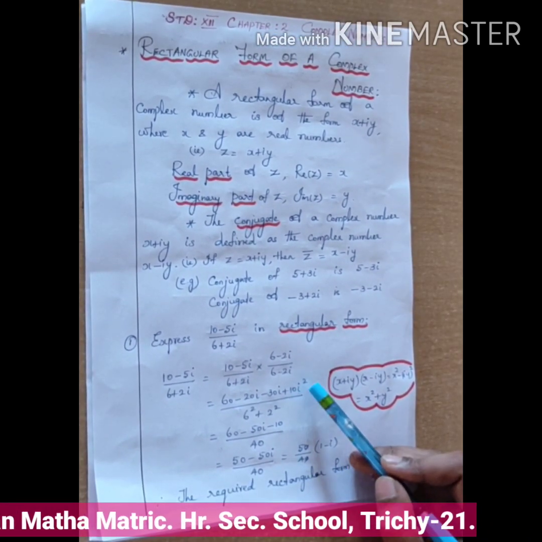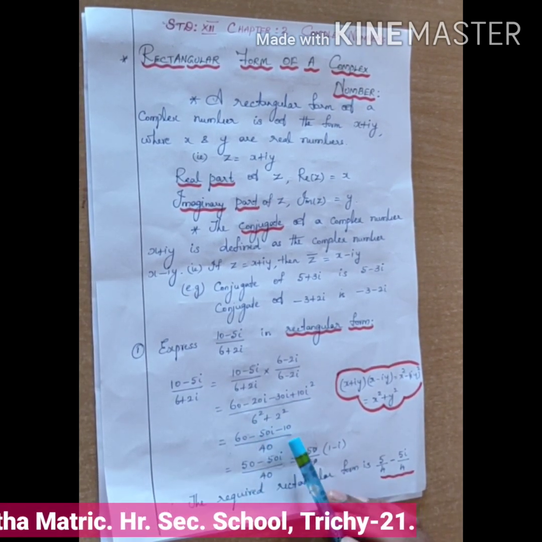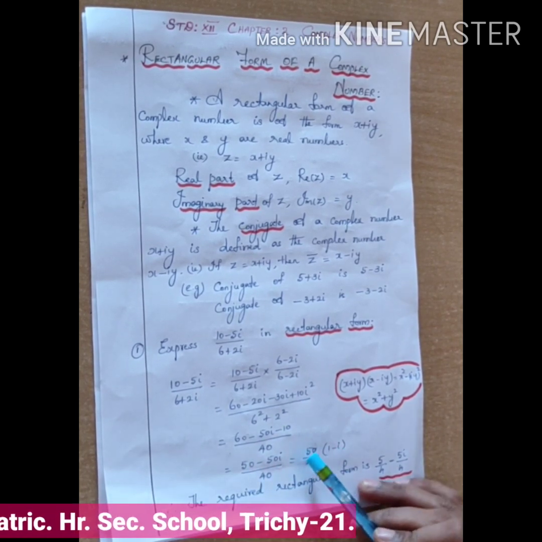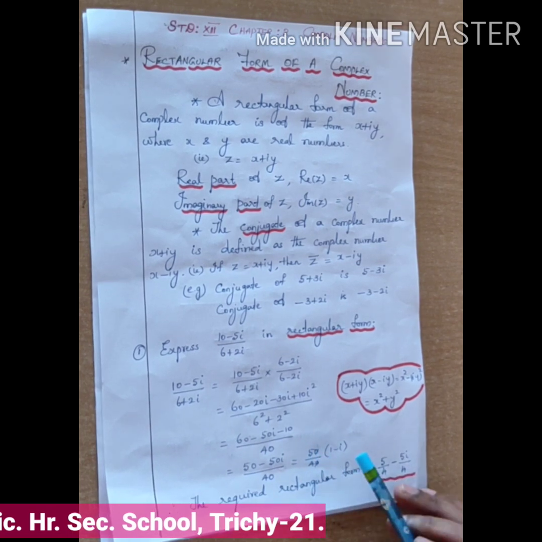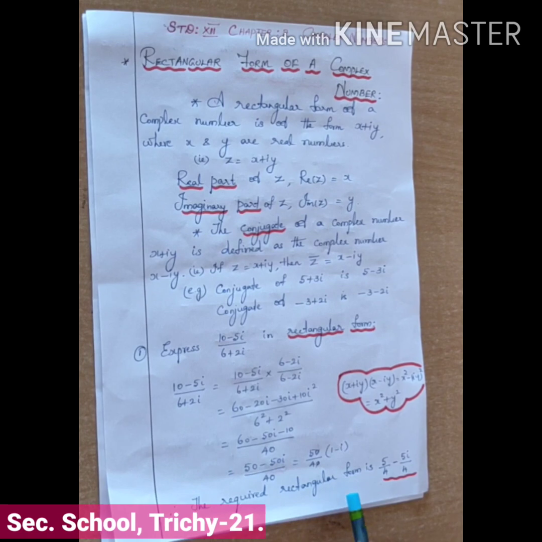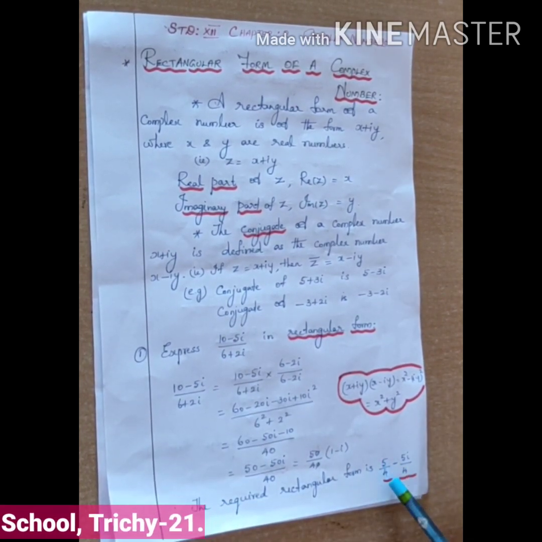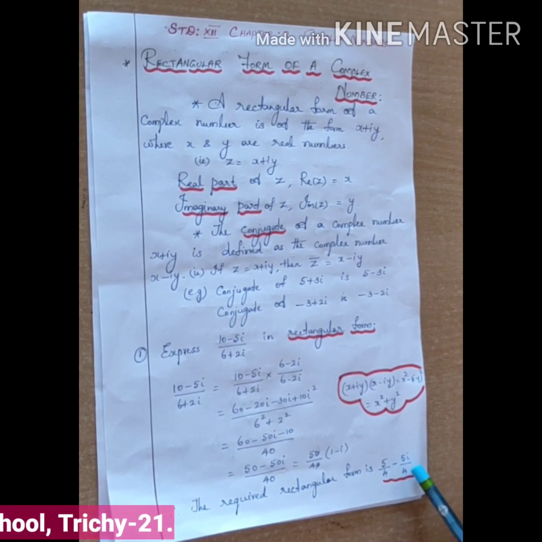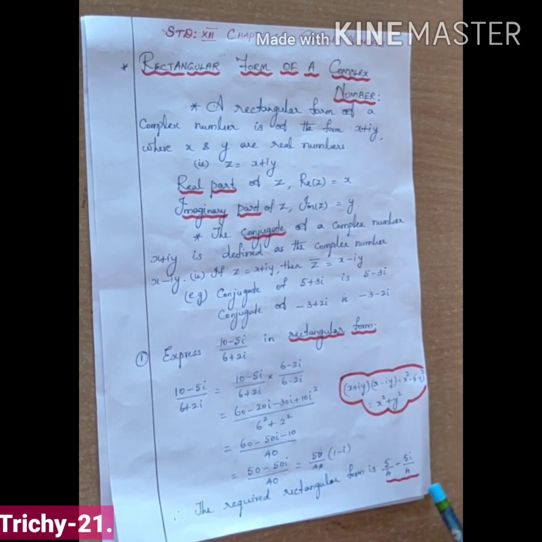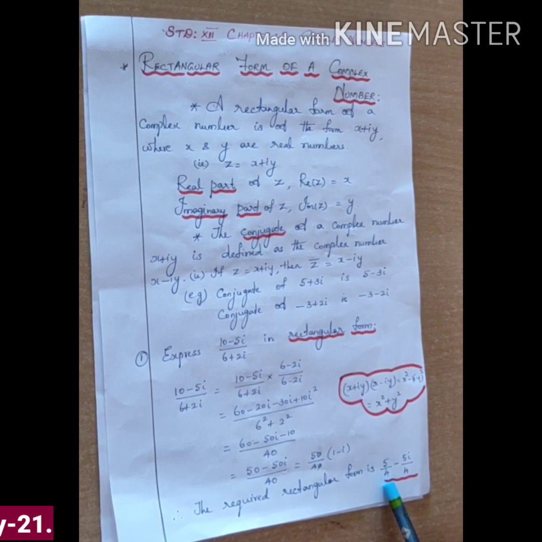Here 10i square, so i square is minus 1, 60 minus 10, 50 minus 50i by 40. When you are taking 50 as common, we are getting 1 minus i, cancelling. The required rectangular form of the given complex number is 5 by 4 minus 5 by 4 i. We are converting this fraction form number as a single form. This is called the rectangular form of a complex number.